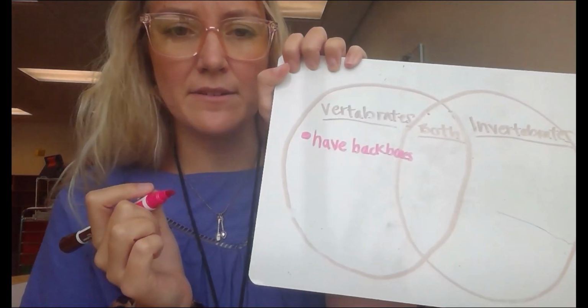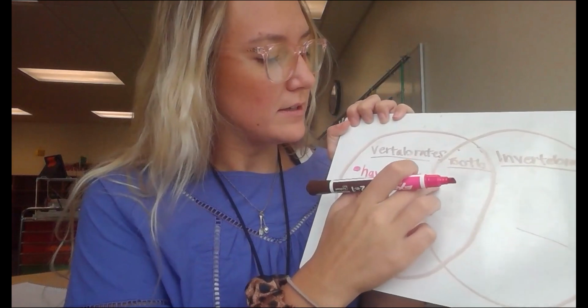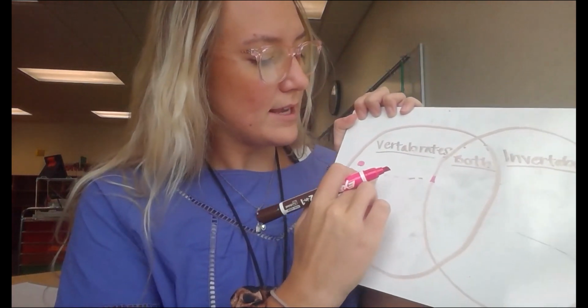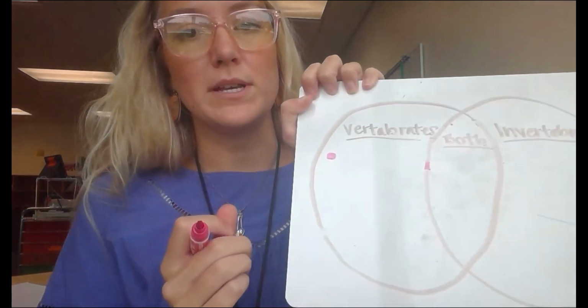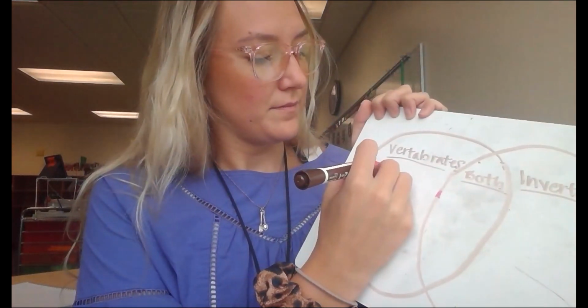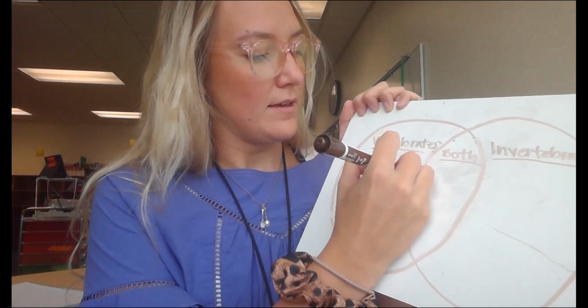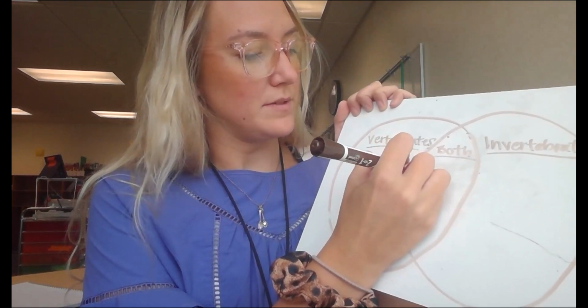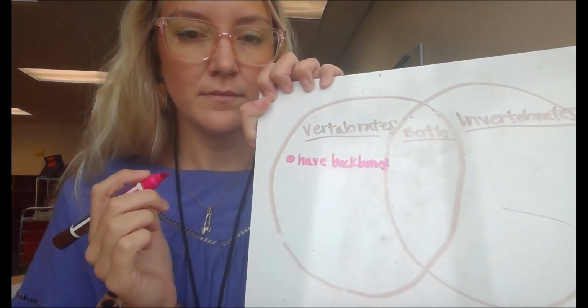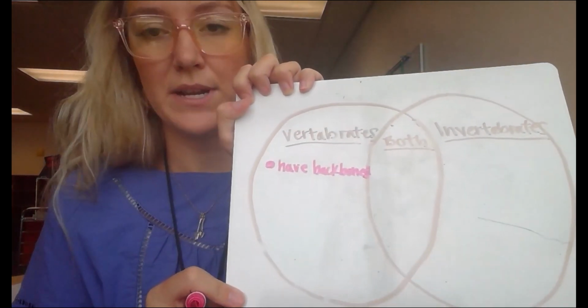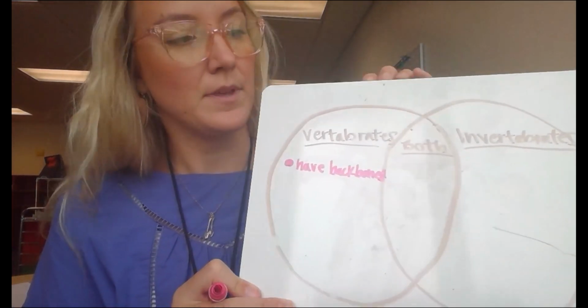Now I noticed that mine didn't fit in there very well, so I'm going to erase it or just wipe it off with my finger and write it a little bit smaller. Have backbones. Make sure that you have that written. If you need to pause, you may pause.